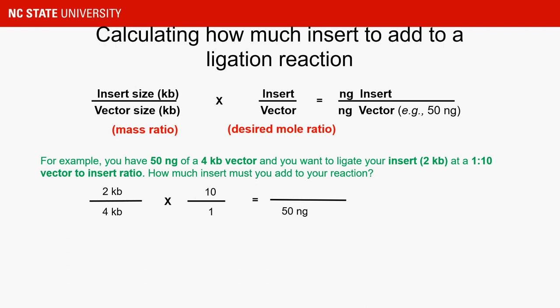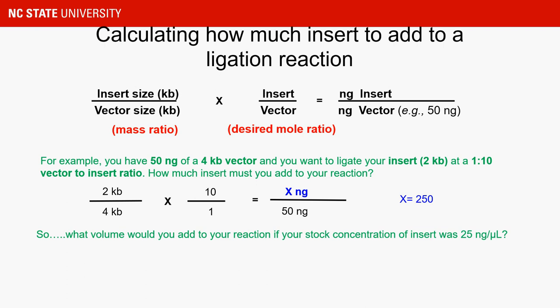Finally, on the right side of the equation, let's put the amount of vector that we want to use, which is 15 nanograms. We can use X to represent the amount of insert we need for this reaction. After calculation, we get X equals 75. So, we need to use 75 nanograms of insert for this ligation reaction.